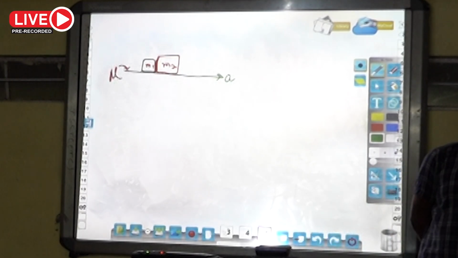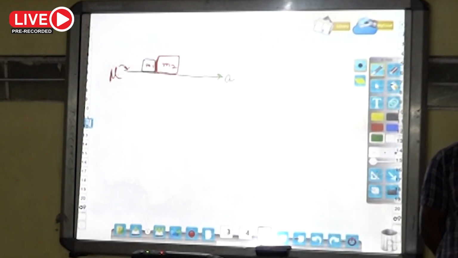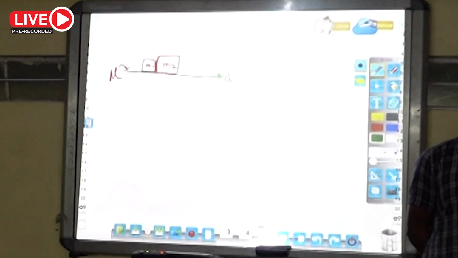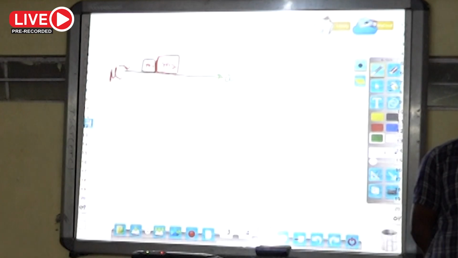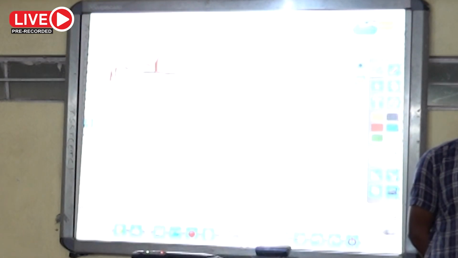What is the reaction force acting between the surfaces of the blocks which are in contact with each other?